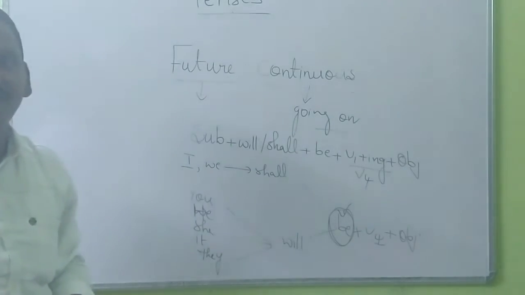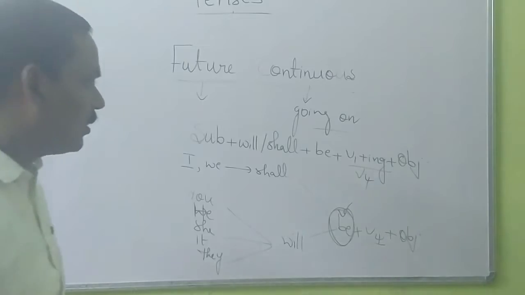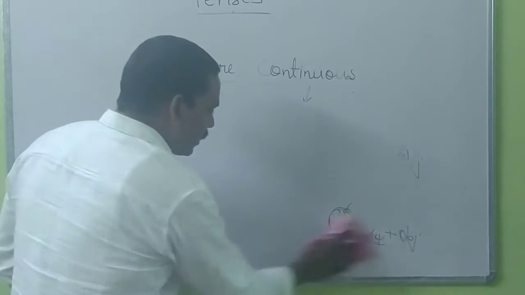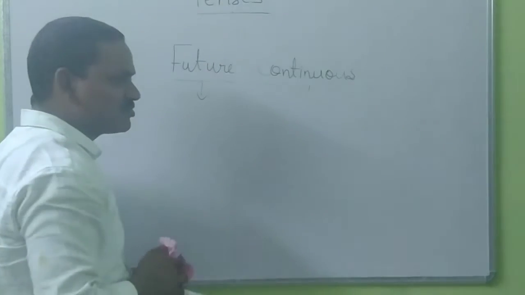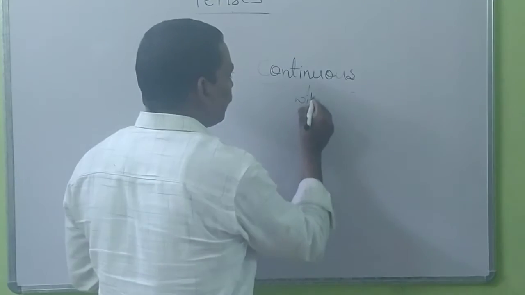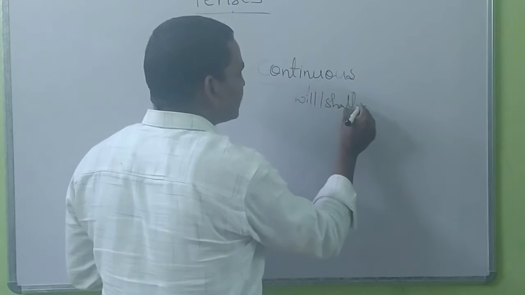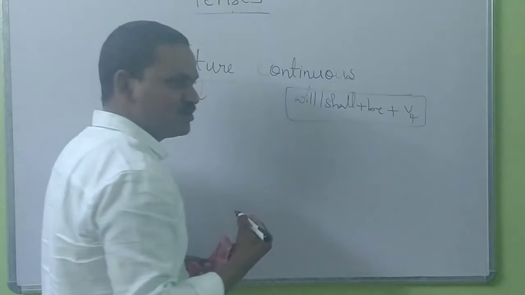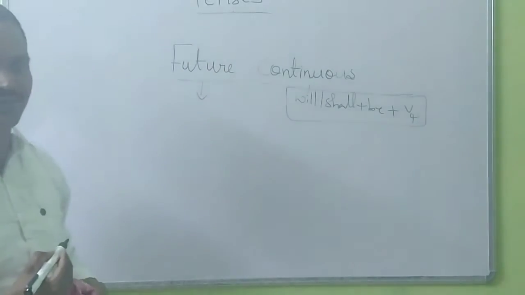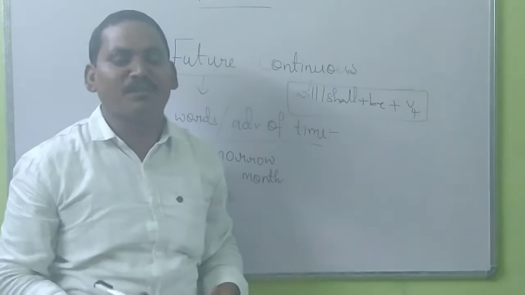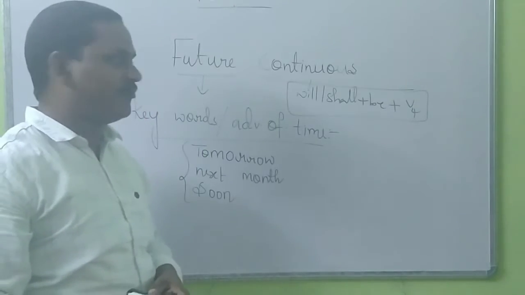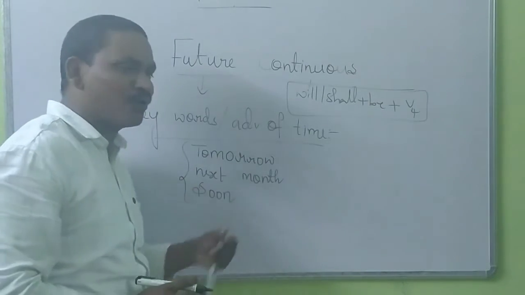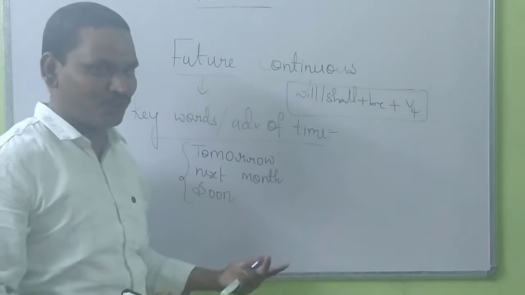But how can you identify the tense? What are the keywords found in this tense? The main form of the verb here: we use will or shall plus be plus V4. This is the form of the verb that must be used in future continuous tense. Next, adverbs of time are keywords: tomorrow, next month, soon.